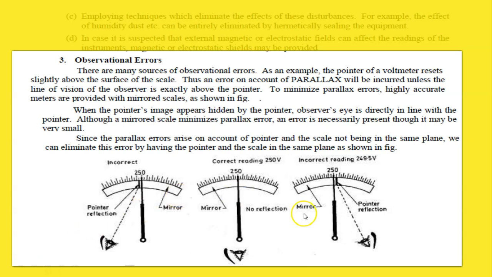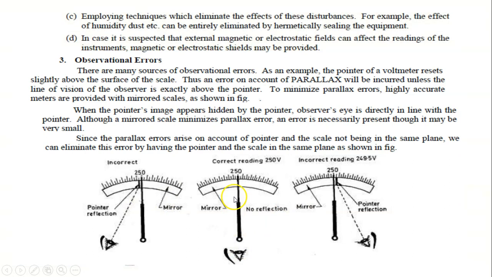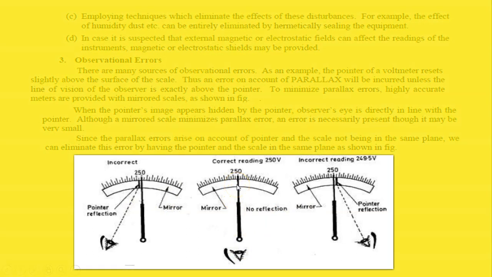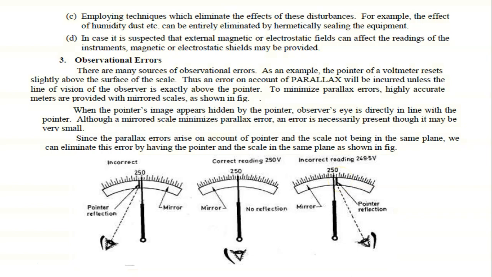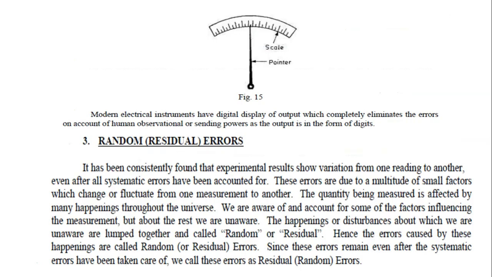From the figure, you can see that if you view at the correct straight angle, you can take the reading correctly as 250. Else, if you're standing left of the pointer, you may take it as less than 250, or if you're standing to the right of the pointer, you may take it as more than the actual value. So this error is called observational error.